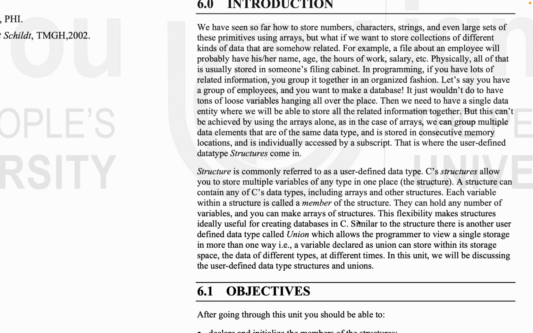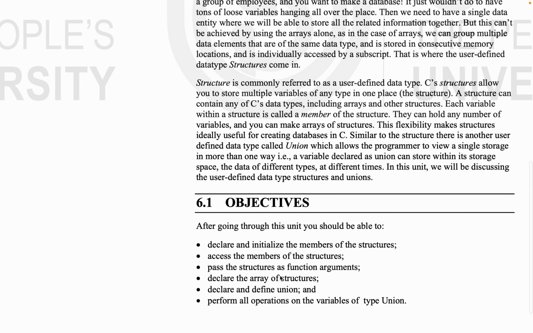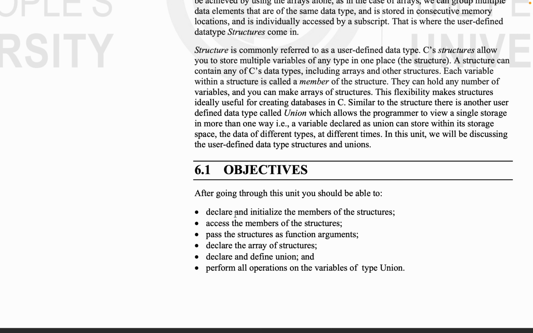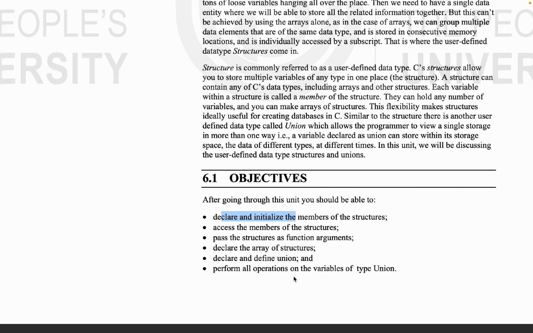This flexibility makes structures useful. After going through this unit, you should be able to declare and initialize the members of a structure, access the members of a structure, pass a structure as a function argument, and declare an array of structures.